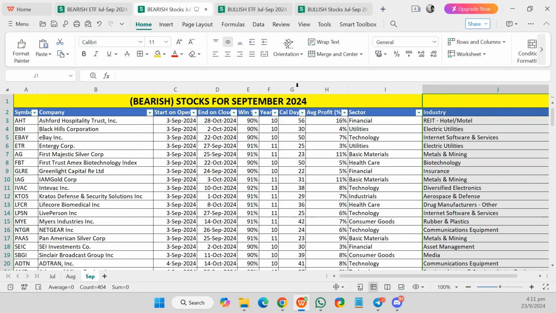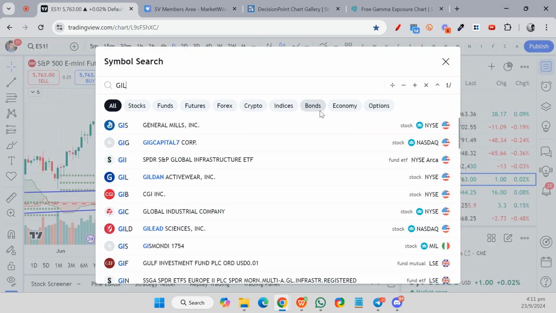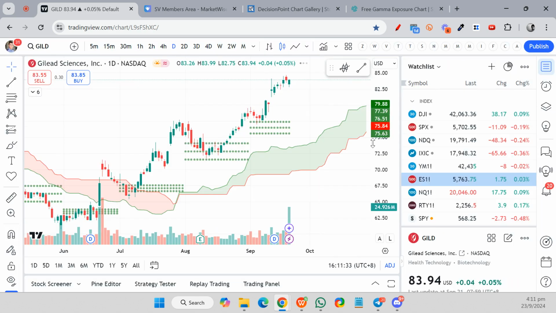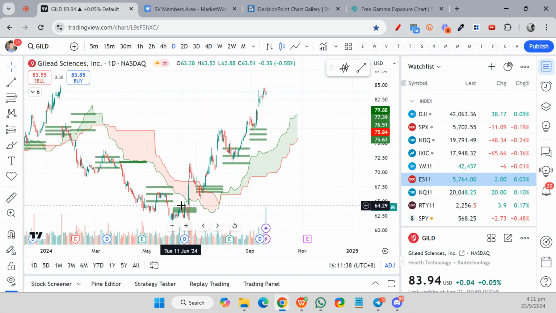So all in all, I have a few stocks in mind right now. The one stock that I have for selling short, bearish trade ideas, is Gilead Sciences. This is under health, under biotech. So you can see that it is going higher.